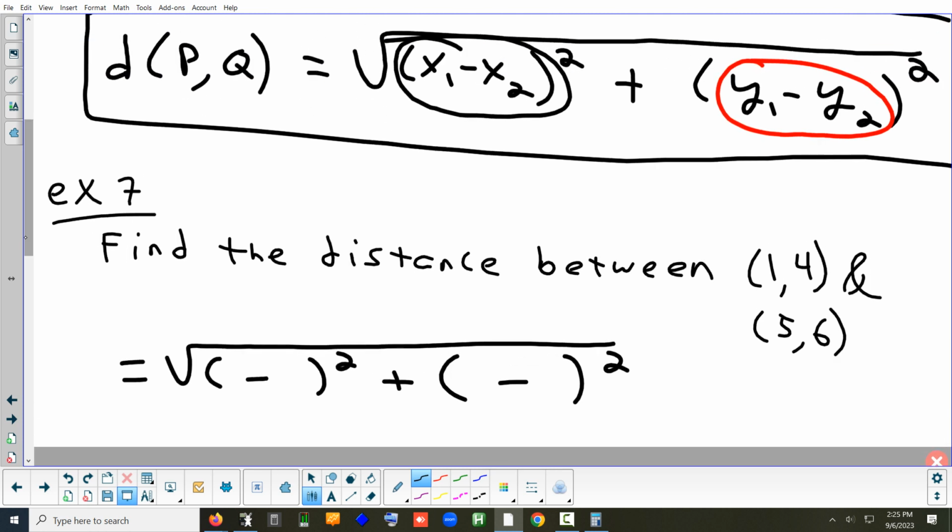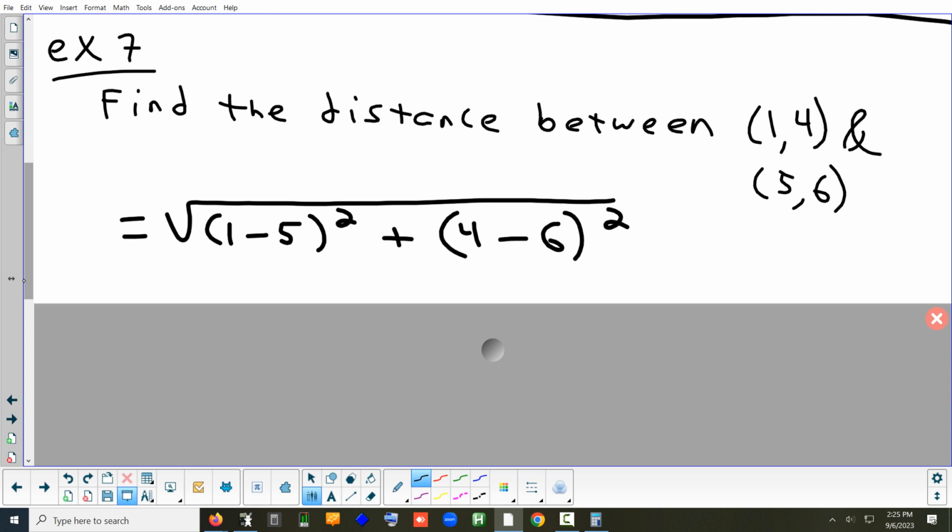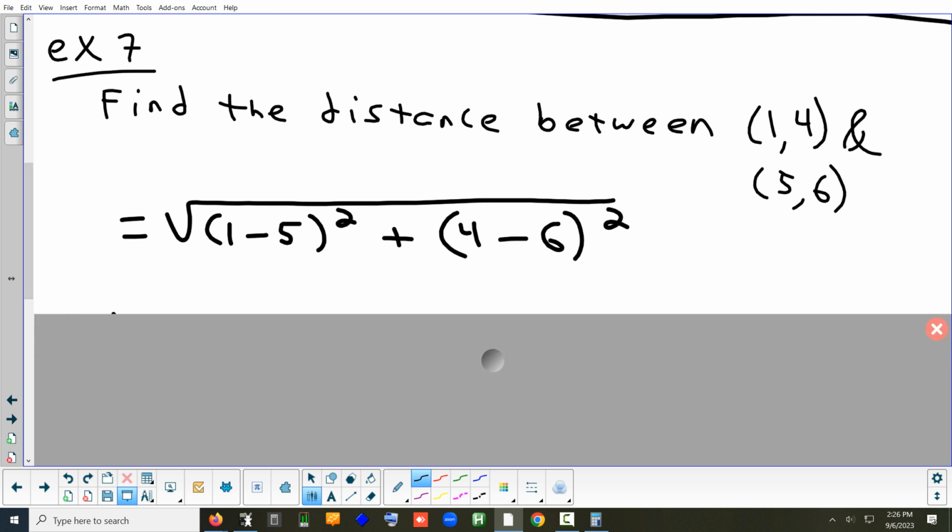All right, and now let's plug in the numbers. What's x1 in this case? 1. Sure, you do 1. What about x2? 5. And y1? 4. And y2? 6. Okay, now we'll go through and simplify that as much as we can. 1 minus 5 gives me negative 4.